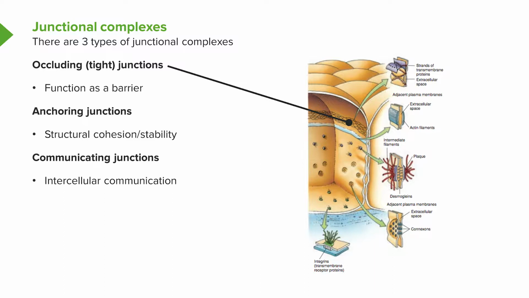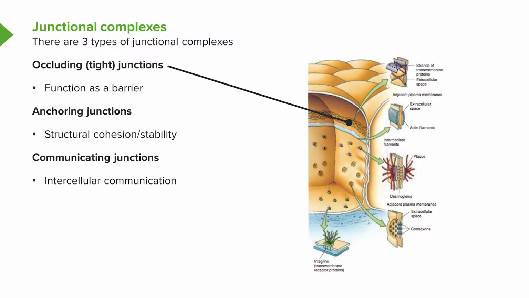Now, sometimes these occluding junctions can become a little bit permeable and do allow things to pass through, but that's controlled by the epithelial cells in certain locations. But essentially they present themselves as a barrier. They're also a barrier to the migration of components of the cell membrane. They separate the apical border of the cell from the lateral border of the cell.